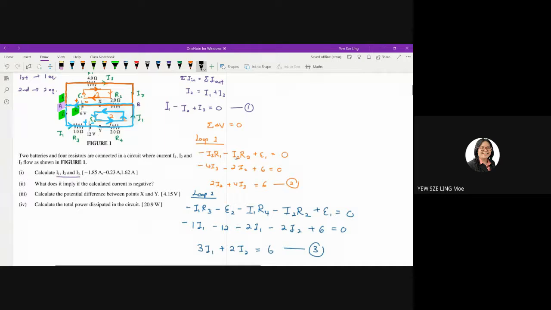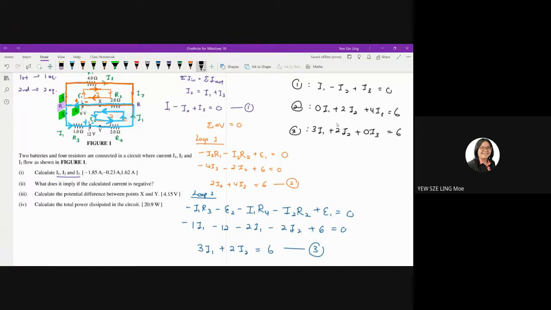So what am I going to do now? I'm going to put all 3 of them together to make it more tidy. Equation 1, I have I1 minus I2 plus I3 equals 0. Equation number 2, I have 0I1 plus 2I2 plus 4I3 equals 6. Equation number 3, now I have 3I1 plus 2I2 plus 0I3 equals 6.